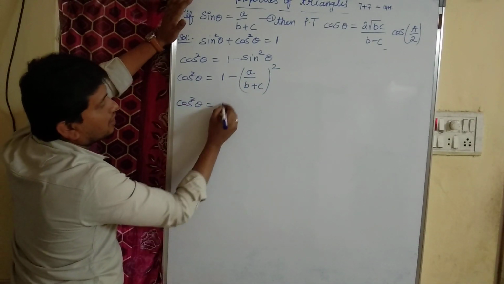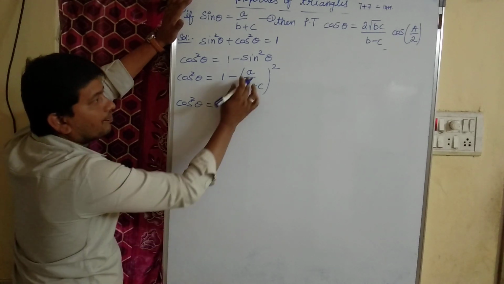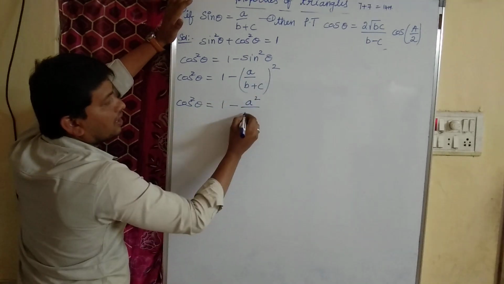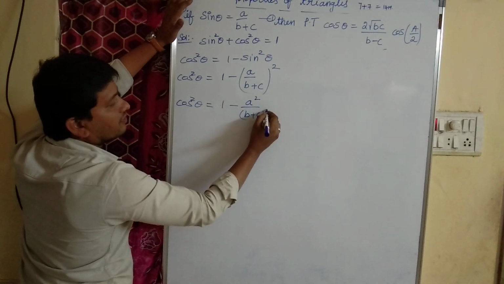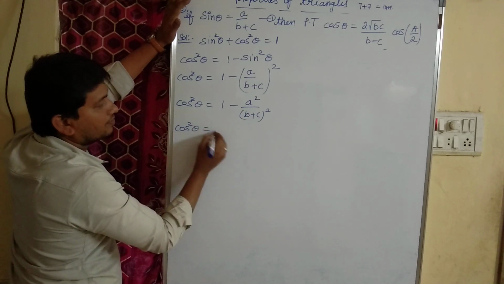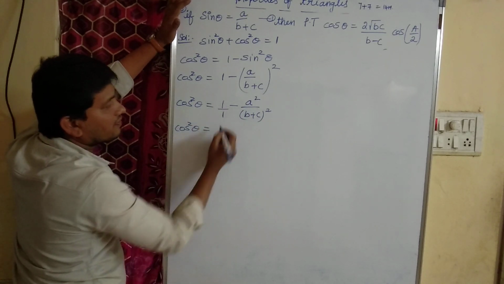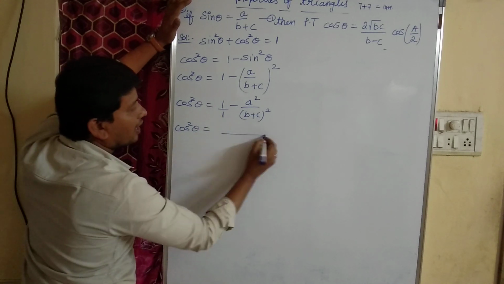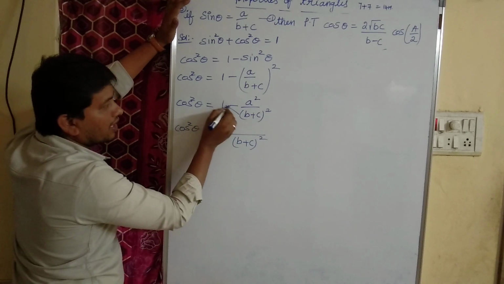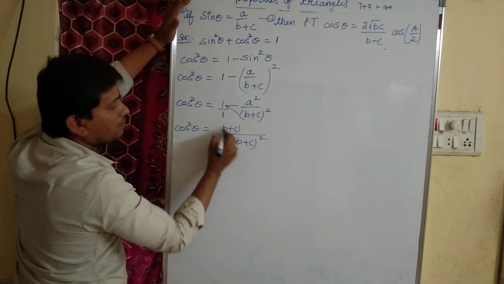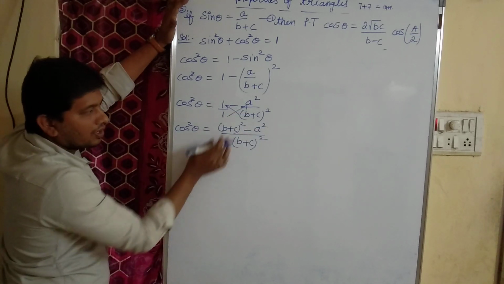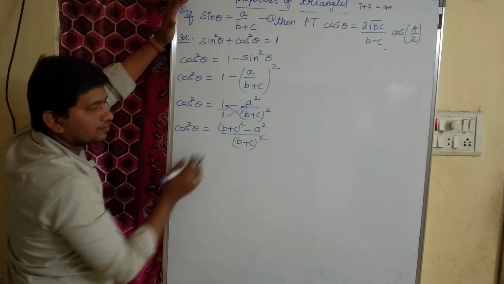So cos square theta equal to 1 minus a square divided by b plus c whole square. Square will be applicable to both numerator and denominator. Now here nothing, in the sense 1. LCM of 1 and b plus c whole square is b plus c whole square. 1 into b plus c whole square, that is b plus c whole square, minus 1 into a square. I mean here I did cross multiplication.